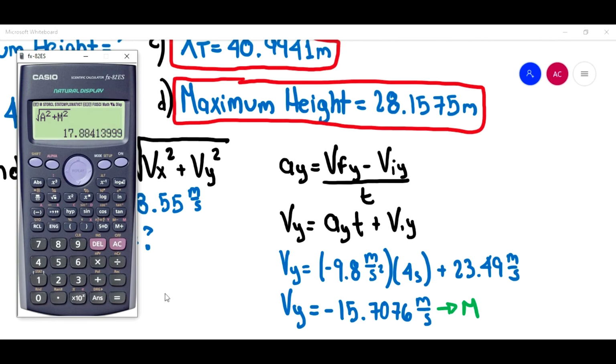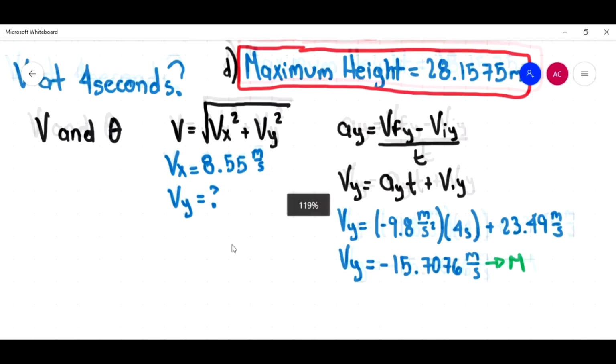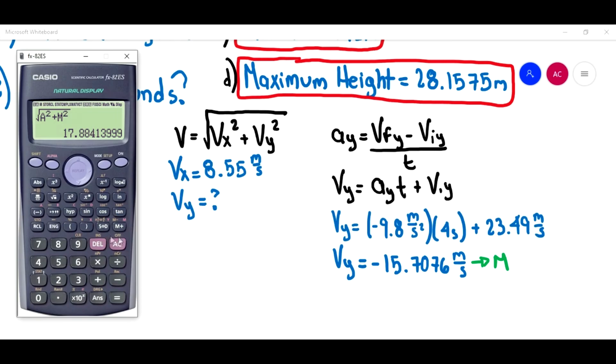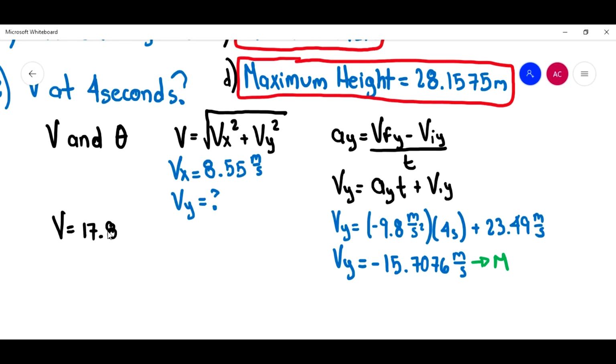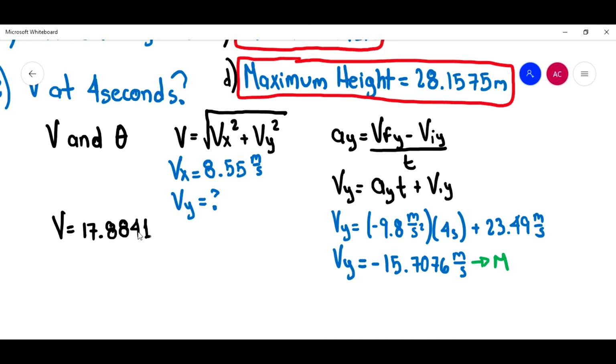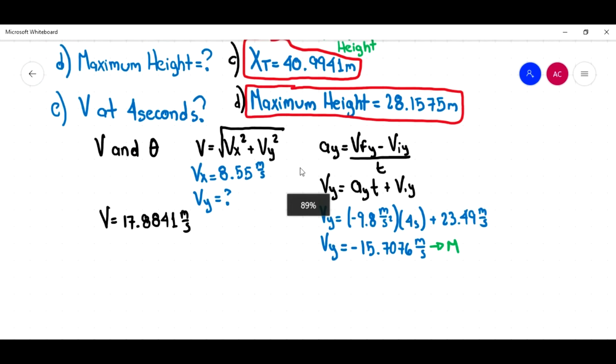That would be the magnitude. The velocity vector equals 17.8841 meters per second.